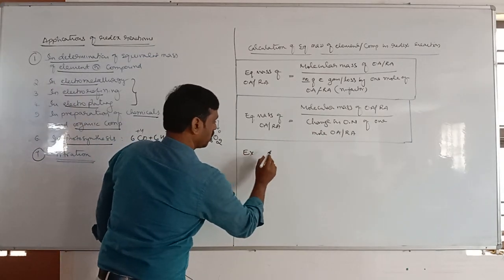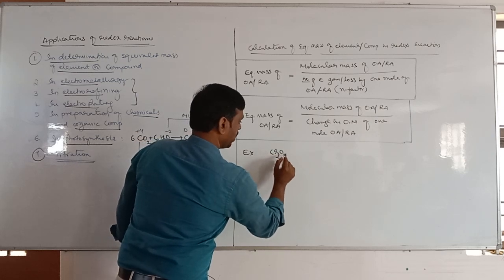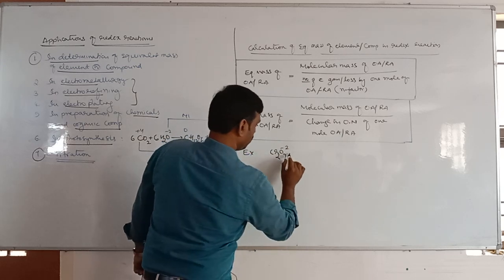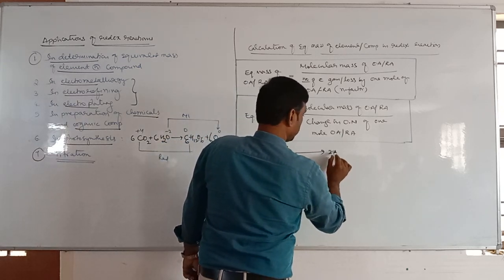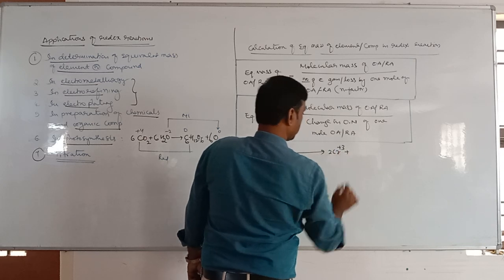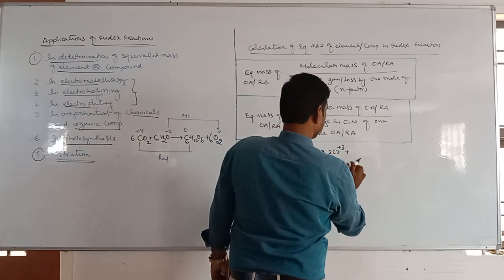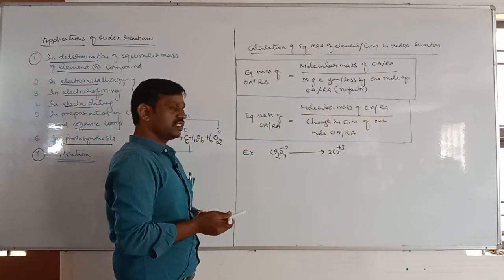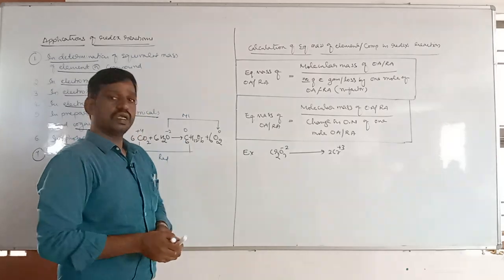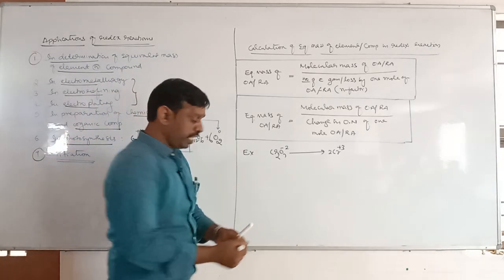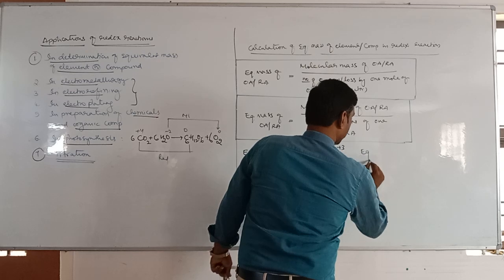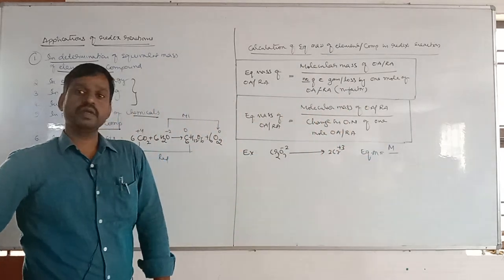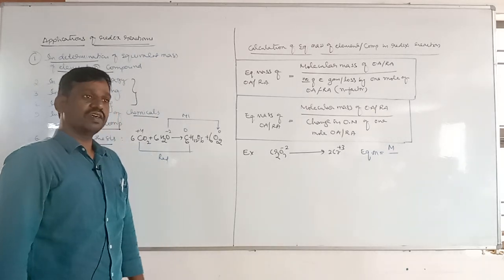Okay, let's study some simple examples. Let us take Cr2O7 2-, which is converted into 2Cr 3+. Tell me, what is the equivalent mass? Let us take equivalent mass equal to molecular mass, I'll take M. Tell me, M divided by 6 or 3?